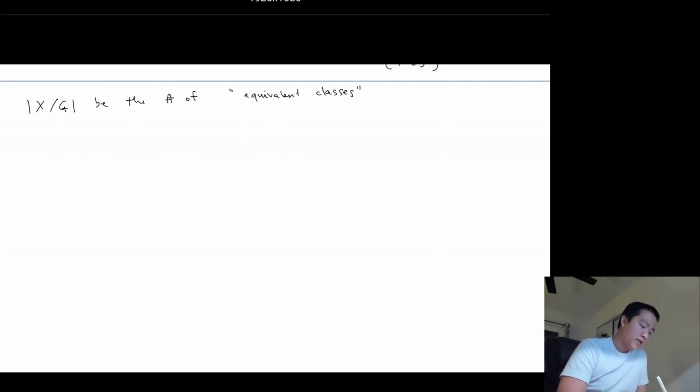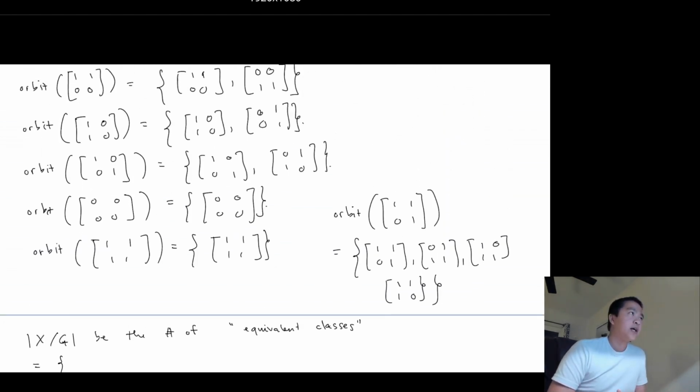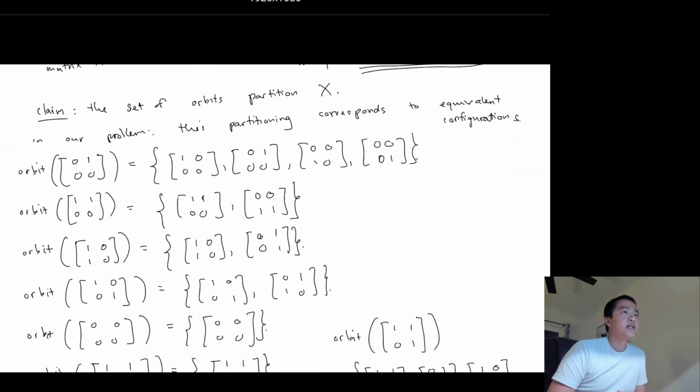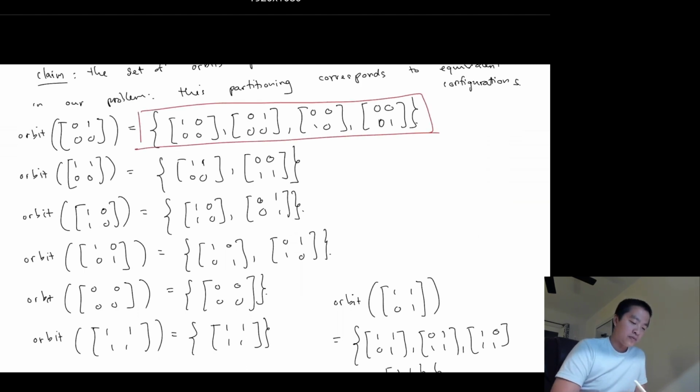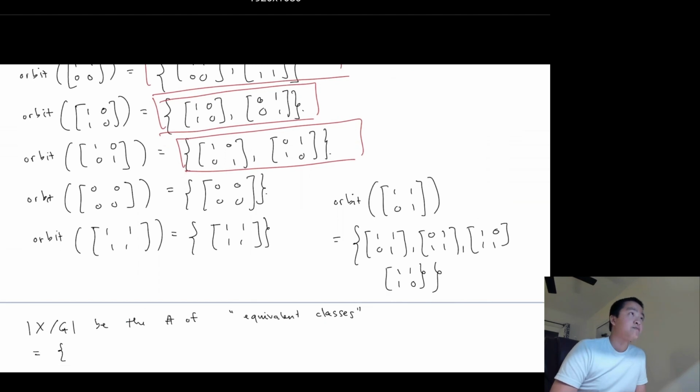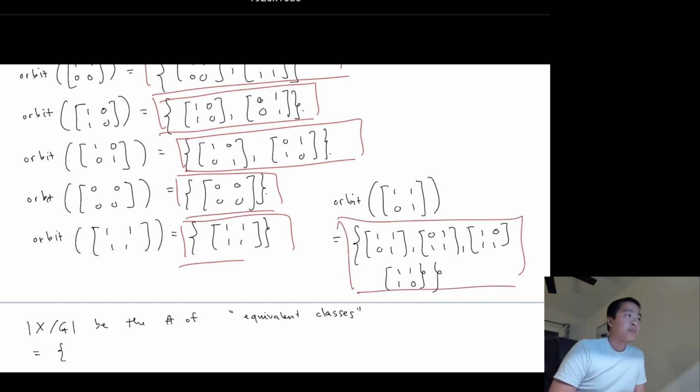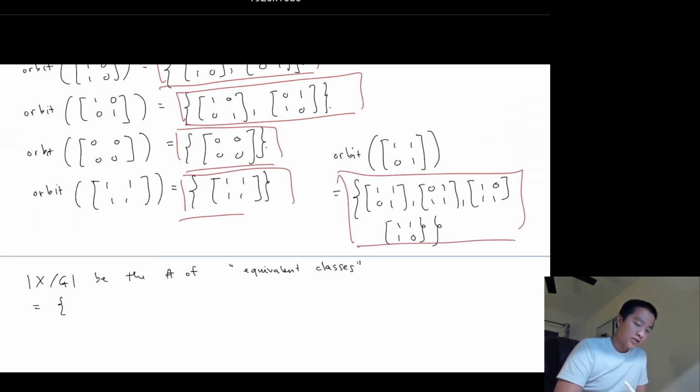If you want to be more formal, x of g is the set of all possible objects, or the number of equivalent classes.